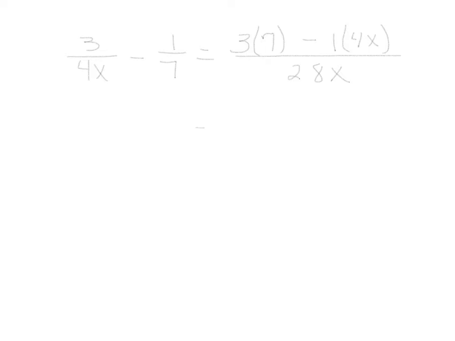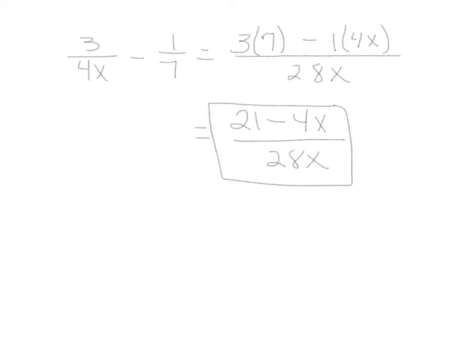Once we begin simplifying, we take the 3 times 7 gives us 21. 1 times 4x is 4x. We combine those and we have that over our denominator. We then look and see, can you factor the top of the fraction? It cannot be factored, therefore that will be our answer.